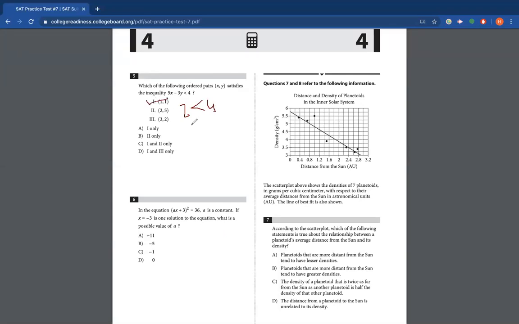We get 10 minus 15. So minus 5 is less than 4. That's correct. Plug in 3, 2, we get 15 minus 6, which is 9. 9 is not less than 4. So this is an incorrect statement, leaving our answer with C. Okay?